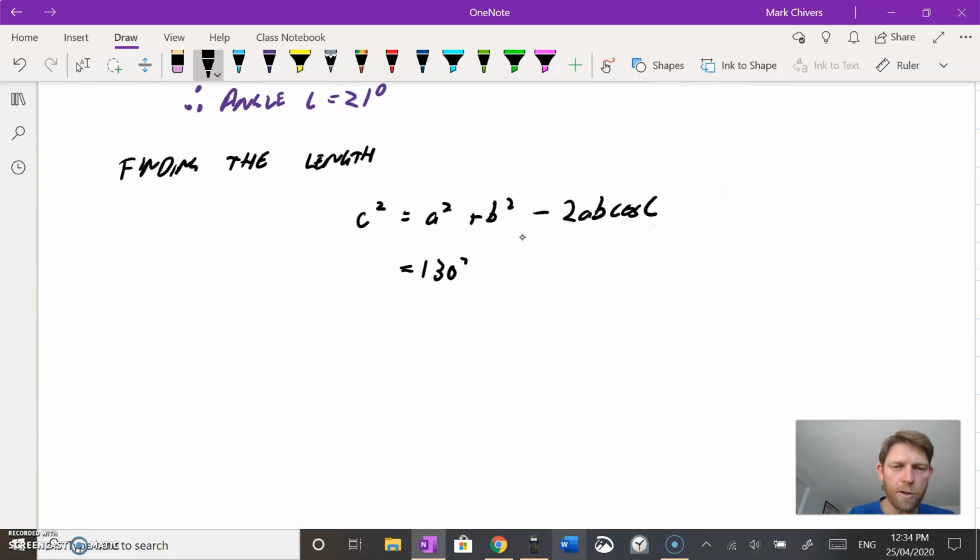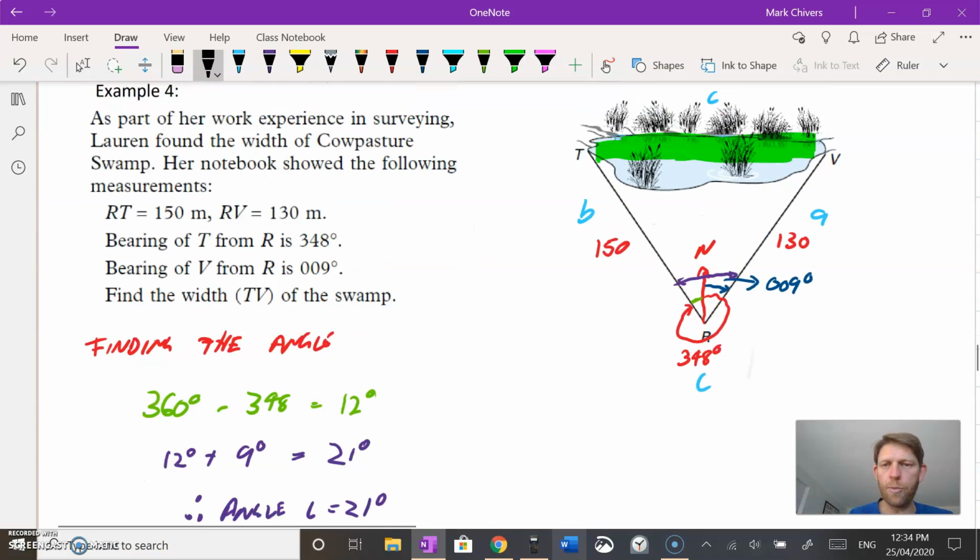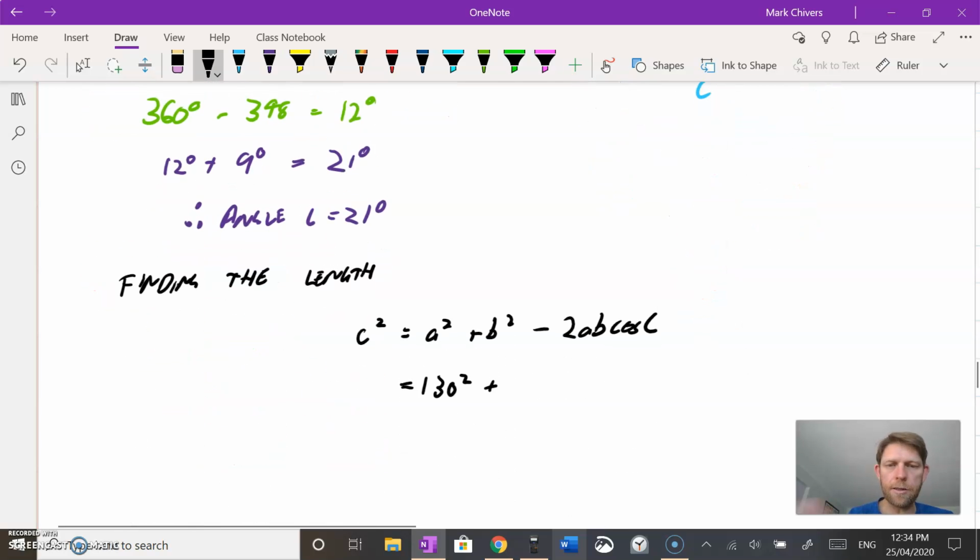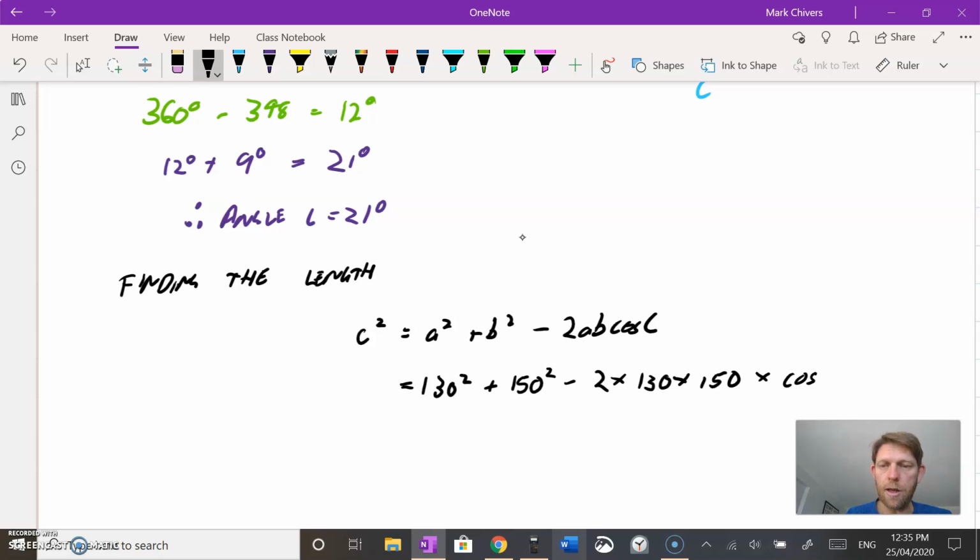Once again, it doesn't matter which one you call A and which one you call B, but just to stay consistent, I called the length of 130 A. So 2 times 130 times 150 times cos, and our angle was 21 degrees.